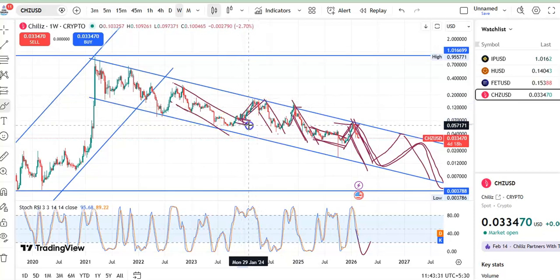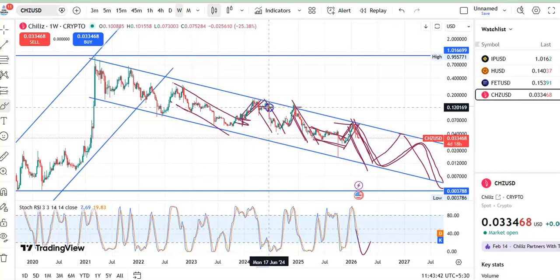If it reverses, you should exit immediately without losing a lot of money to the market. So loss would be small, profits would be big. And when the reversal took place, if you are entering here, you should have a stop loss above this resistance trend line. When the fall started, profits would be big and loss would be small. That way you can make some good profits from this market.